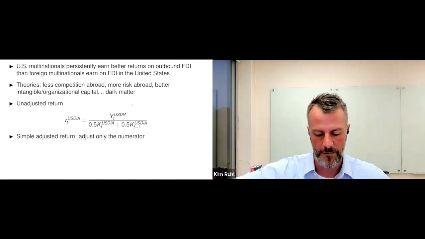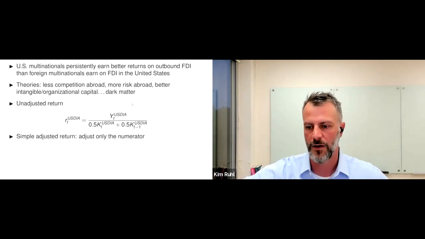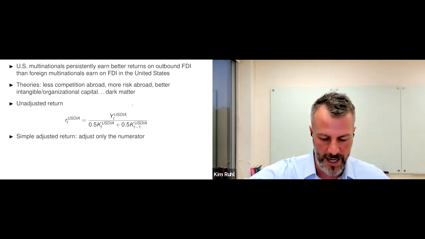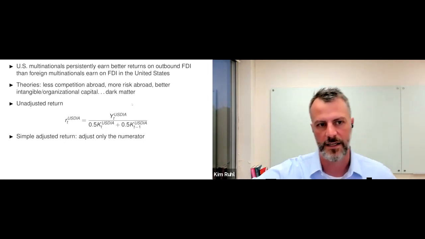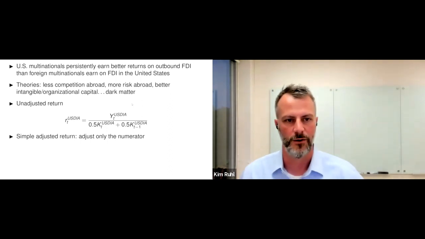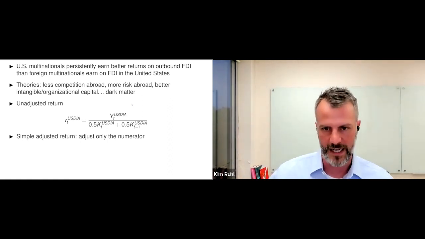So a US company has a higher return on their foreign investment than a foreign company has on their investment in the United States, right? So GM operating a plant in Mexico earns a higher return than Toyota does operating a plant in the United States. That's just an example. I don't know if that's actually true or not, but that's the idea. On average, that's true.